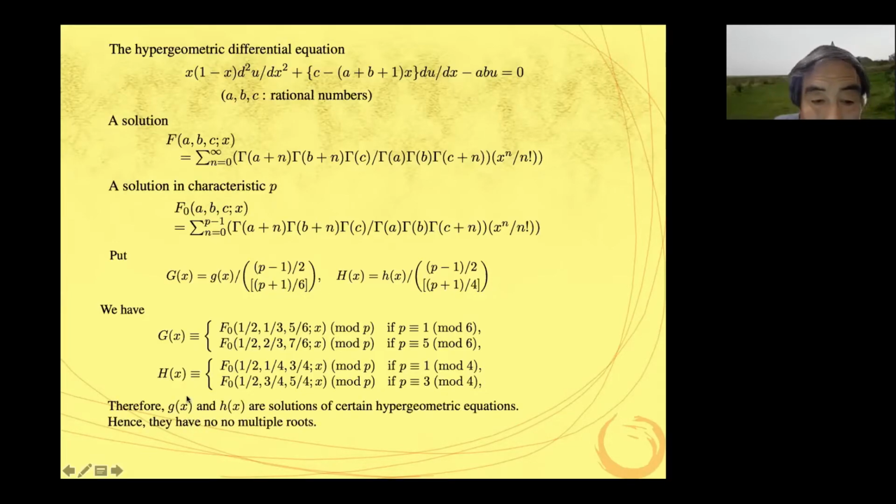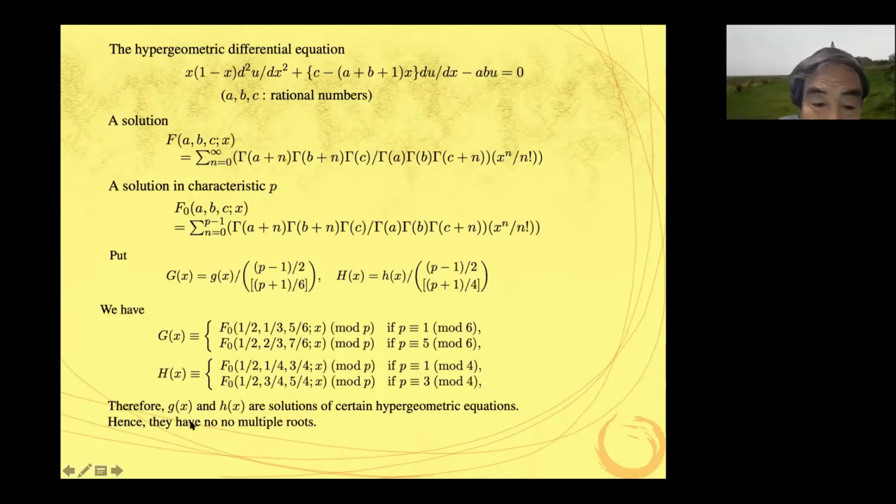And so this means G(X) and H(X) are solutions of this equation. So large G(X) is equal to G(X) over a constant. So G(X) and H(X) are solutions of a certain hypergeometric equation.